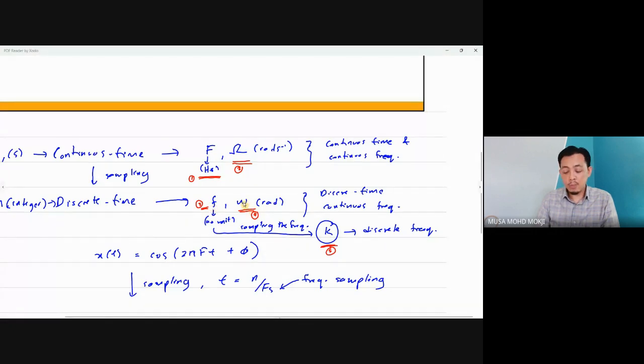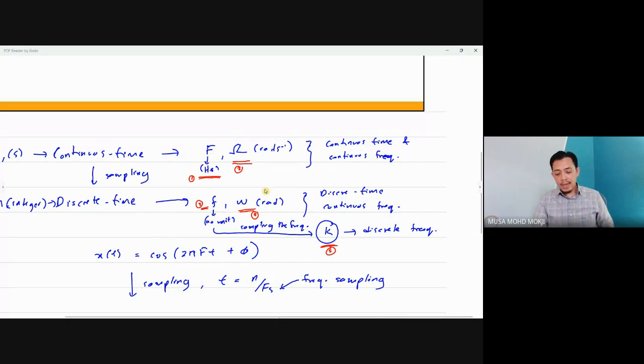And small omega is the angular frequency of this frequency ratio. Because there's no unit for this one, the unit for this angular frequency is just radian, compared to this one, which is radian per second, because f in hertz is actually 1/second.